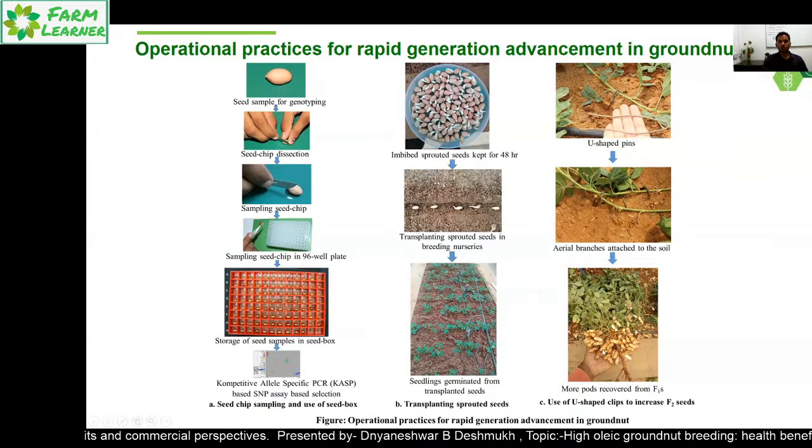These F1s are the reservoir for our future recombinations, from which we can get nice different combinations and select good segregants for our target traits. So that's how these three operations were very useful for rapid generation advancement in groundnut.